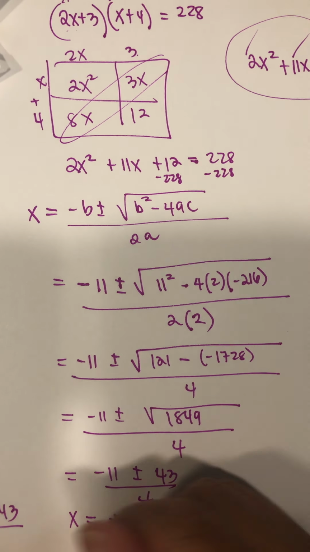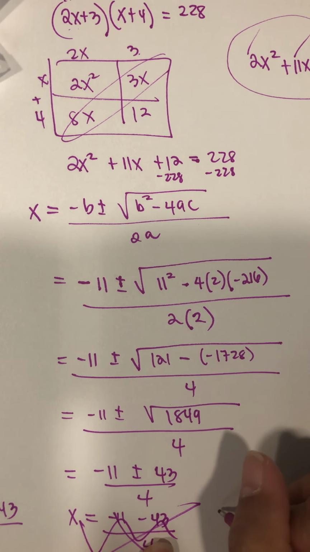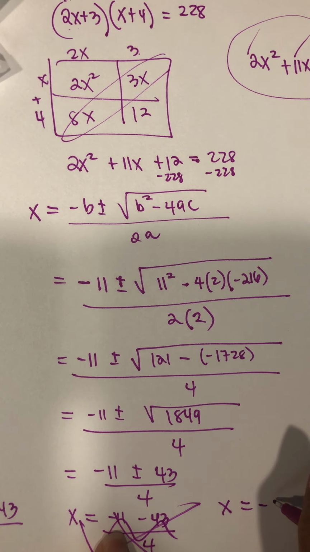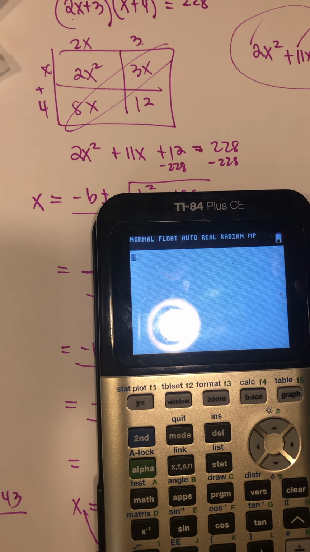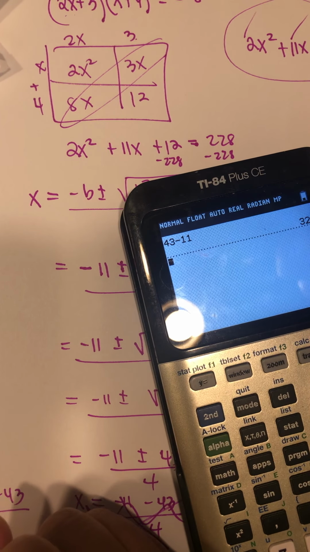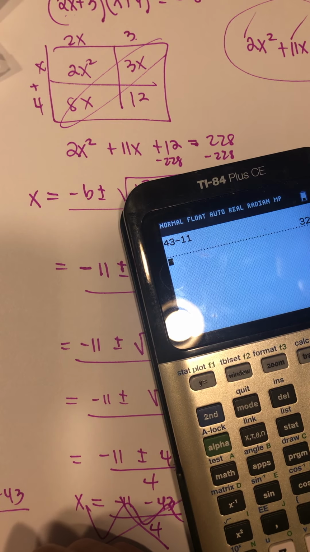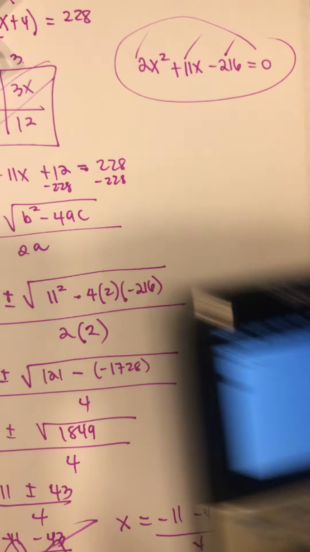Well, maybe it's possible, so let's not rule this out yet. Negative 11 minus 43 over 4. Okay, I'll just do 43 minus 11, which is 32 over 4. X equals 8. That's one solution.